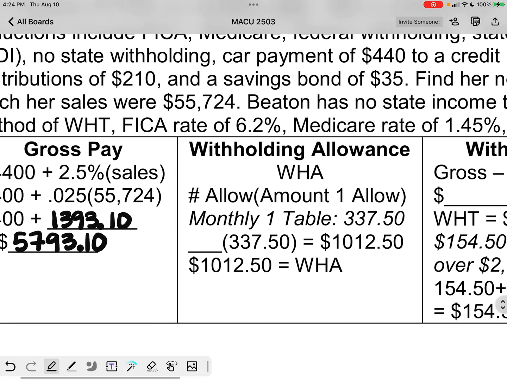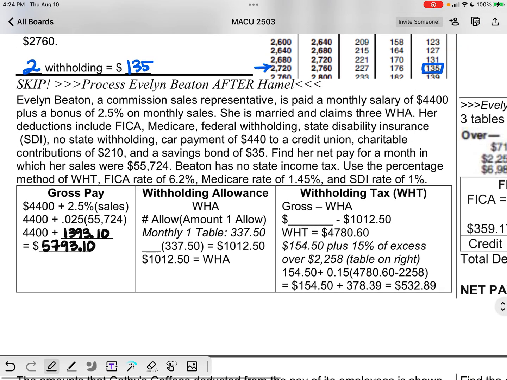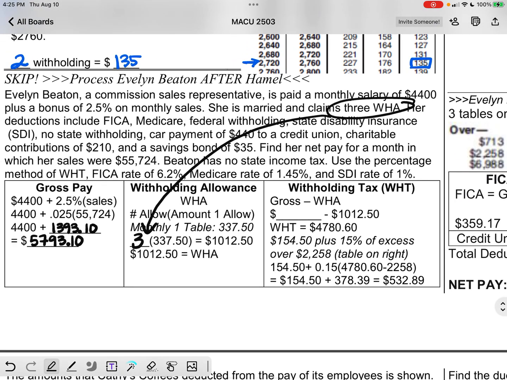When we talk about a withholding allowance, which is abbreviated WHA, here it showed us that she had 3 in her claims. That's going to go right here. I multiplied it for you, already did that math.